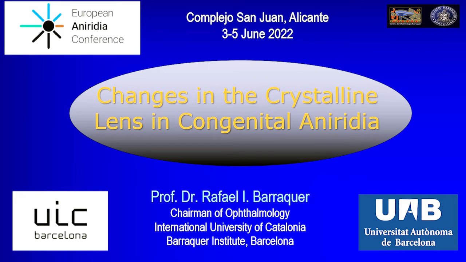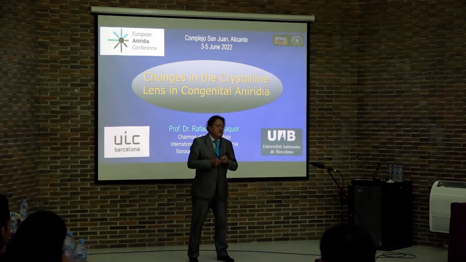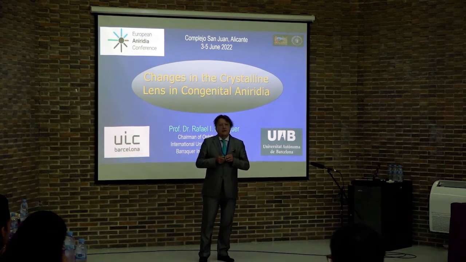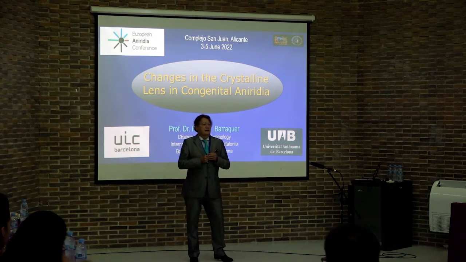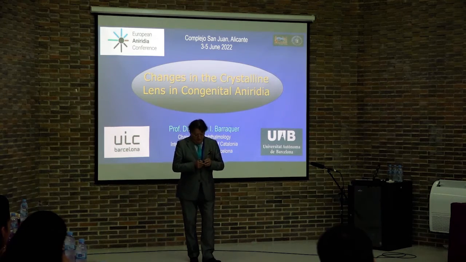Probably the cataract appears to be the easier problem to solve in aniridia, and that can sometimes be a trap, because sometimes it's very difficult to evaluate what is the actual impact of a particular lens opacity in the complex problem of a particular patient.